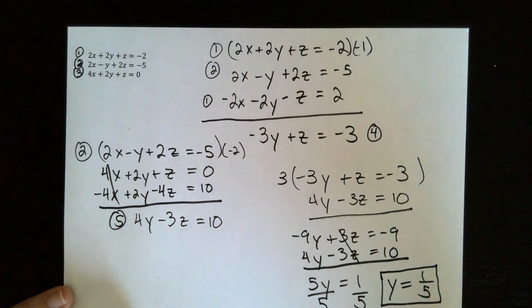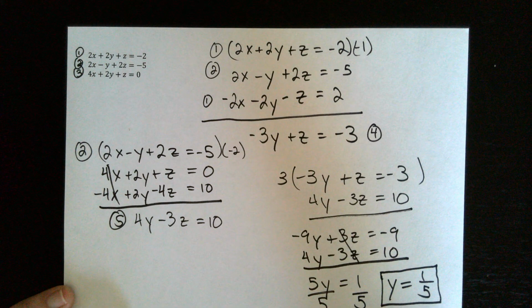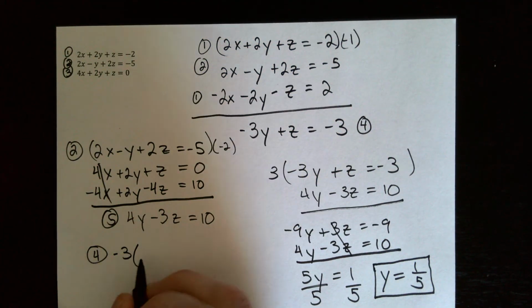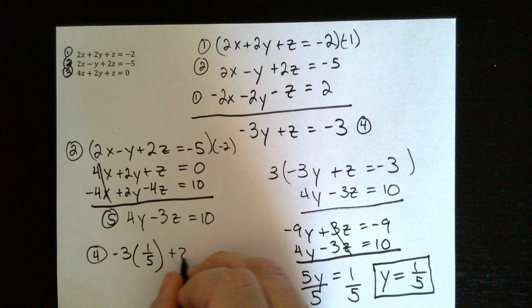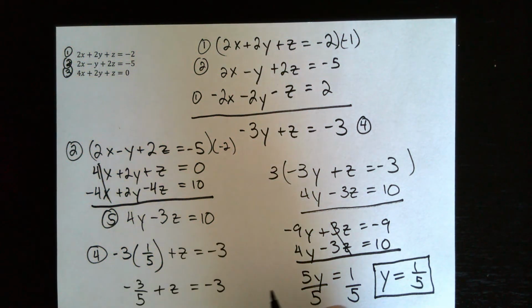Okay. Now we can take that 1/5 and put it into either 4 or 5. And so I get, this is 4, negative 3 times 1/5, plugging it in right here, this equals negative 3. Okay, so that's negative 3/5 plus z is equal to negative 3.